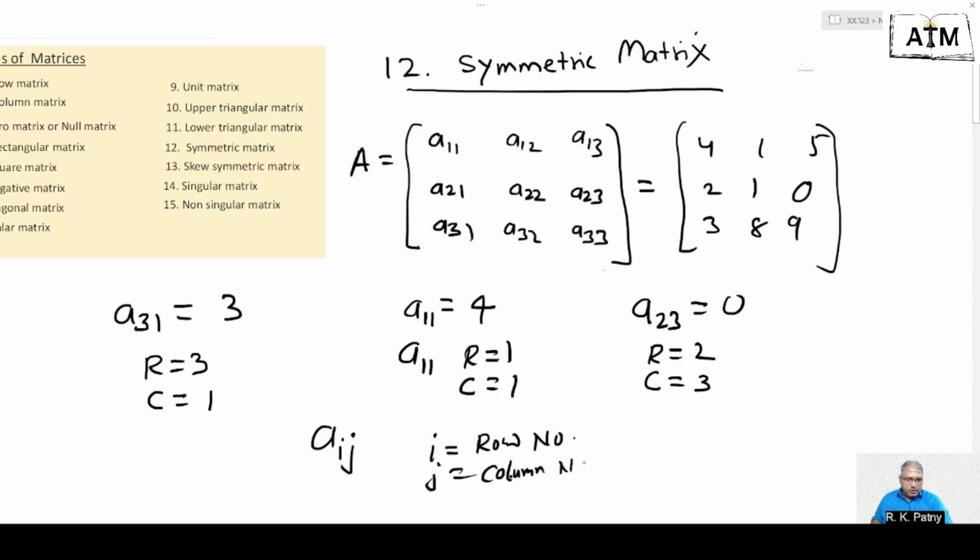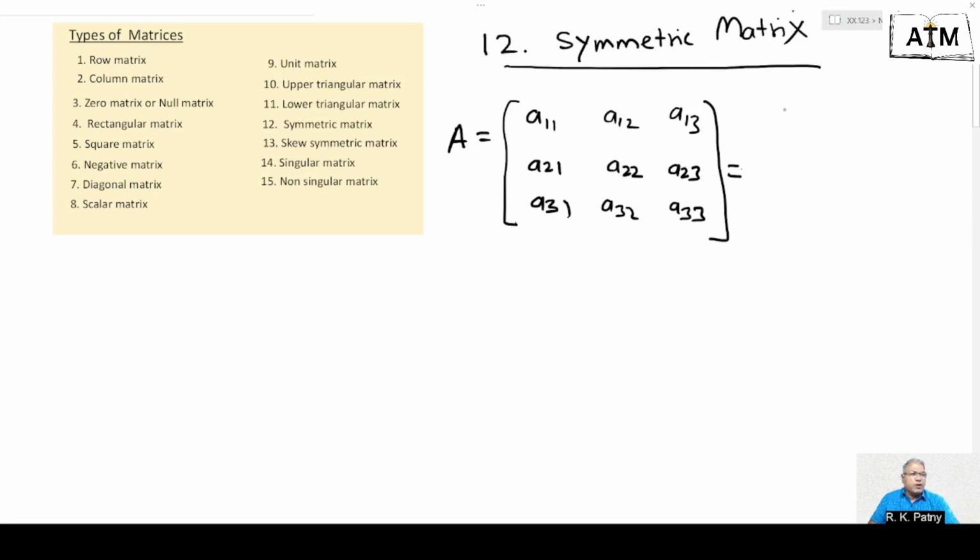On the basis of this idea, we can now understand what exactly a symmetric matrix is. Now we frame a matrix. To make you understand, I am giving one example. Suppose A11 equals 5. Here I have written 5.